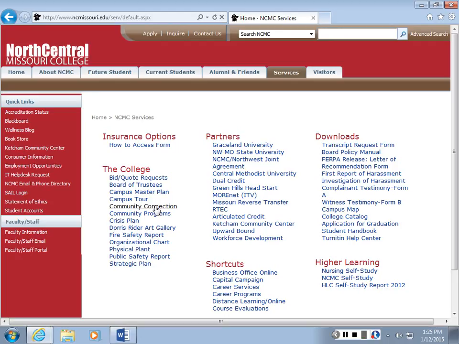But if they actually do, go to Community Connection. And if you go here to Community Connection, then they'll email you. Well, I guess you actually can sign up to where they can either email you or they can text you that they are closing. So that Community Connection is a good resource to be able to use.